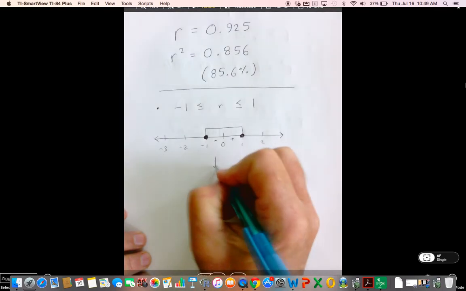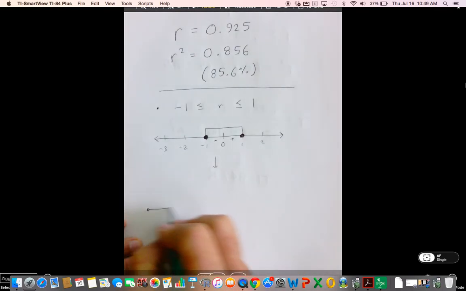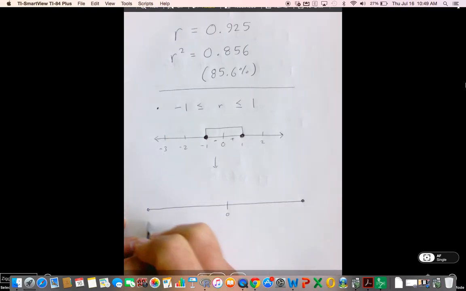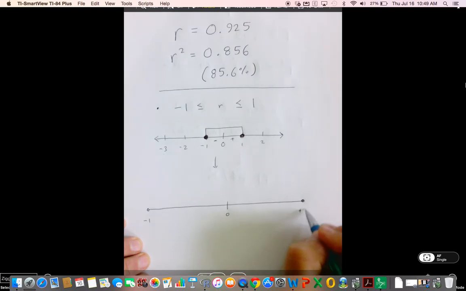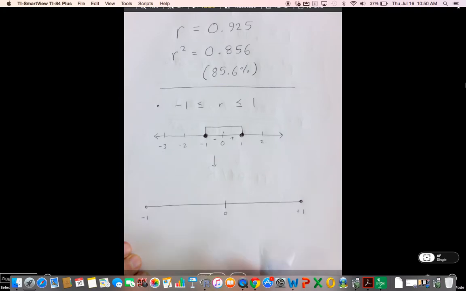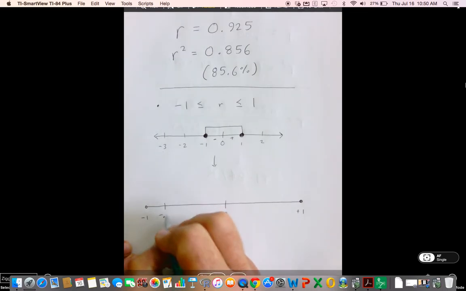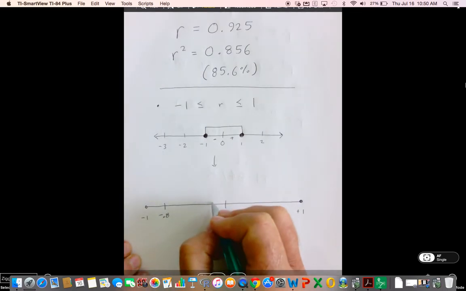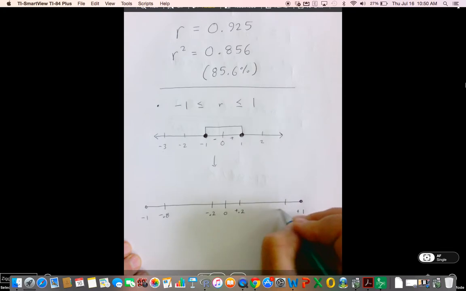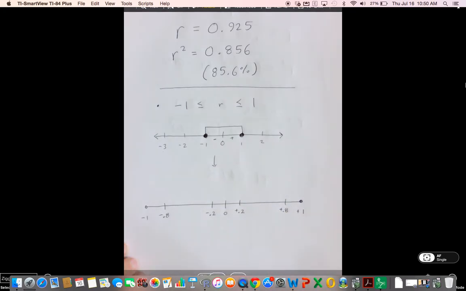Now, I want to give you a rule of thumb for interpreting R values. I want you to break up this line. I'm taking this -1, +1, making it bigger so we can focus on it. Let's draw this out into -0.8, -0.2, +0.2, +0.8.